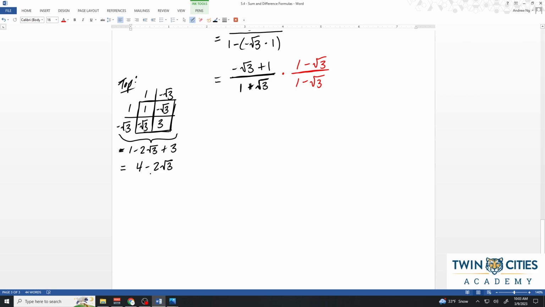Okay, what about the bottom part? For the bottom part, I'll have 1 plus the square root of 3. And then times 1 minus square root of 3.